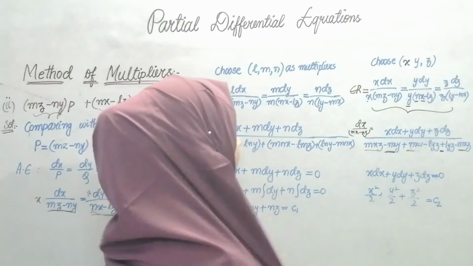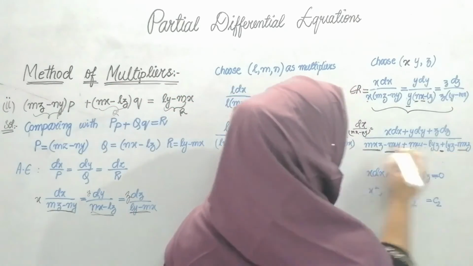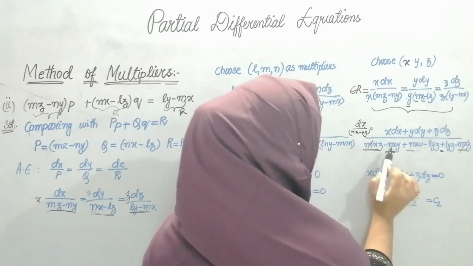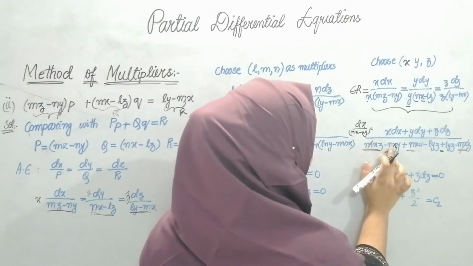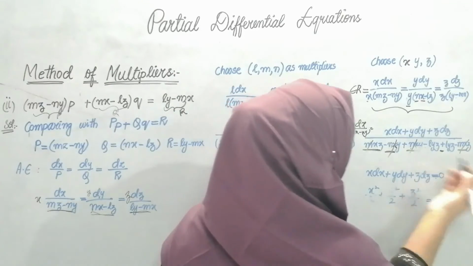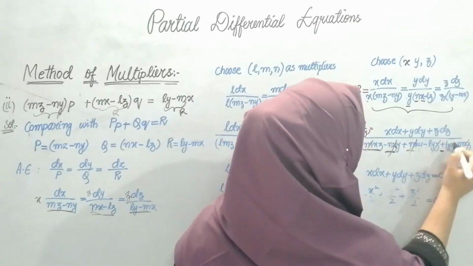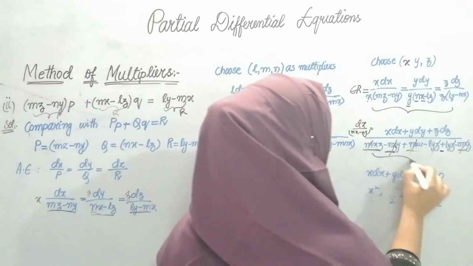Now here plus mxz and minus mxz gets what? Cancelled out. Here minus nxy and plus nxy gets cancelled. Similarly minus lyz and plus lyz gets cancelled. So what happened? The denominator is 0.